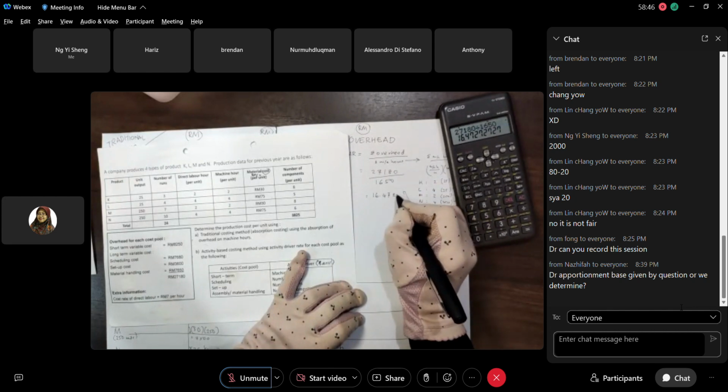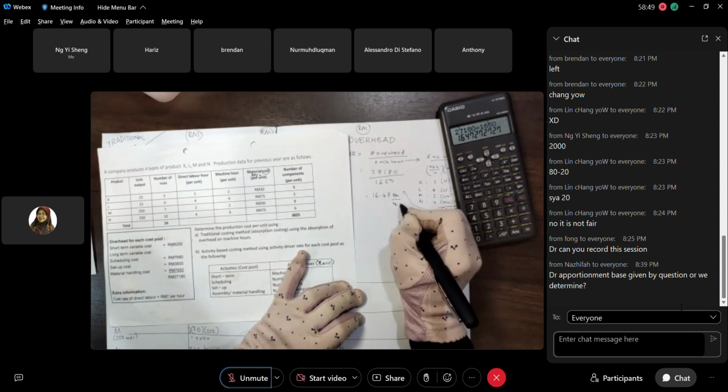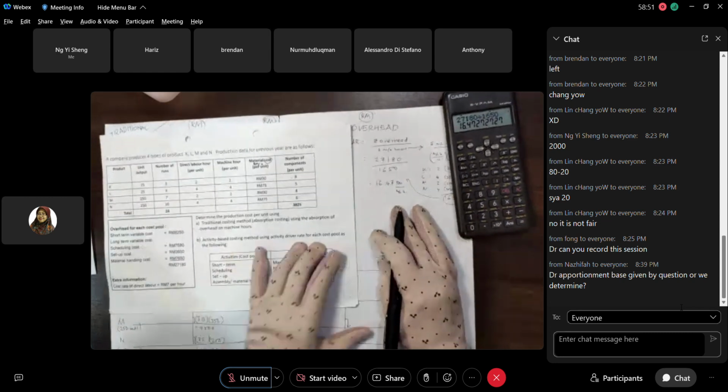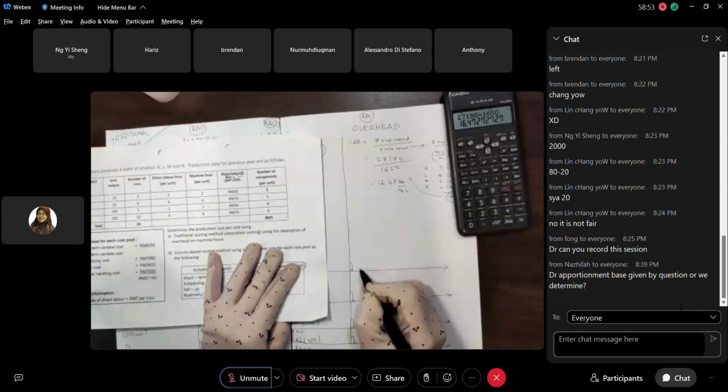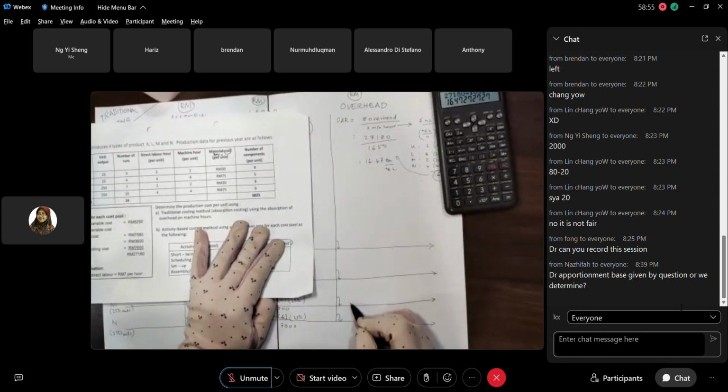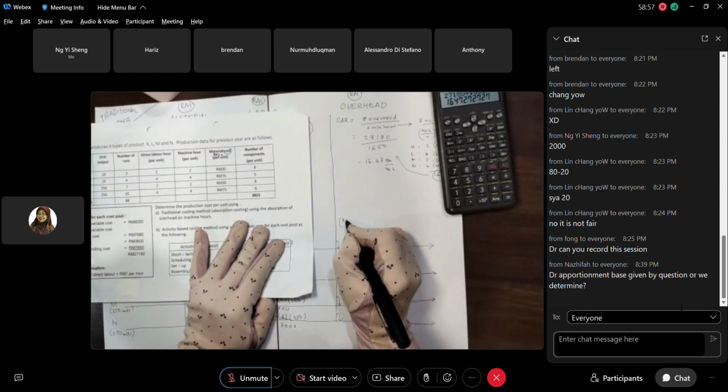Overhead is in RM. Machine hour is in machine hours. Okay, so in order to finish this, the unit is RM per machine hour.